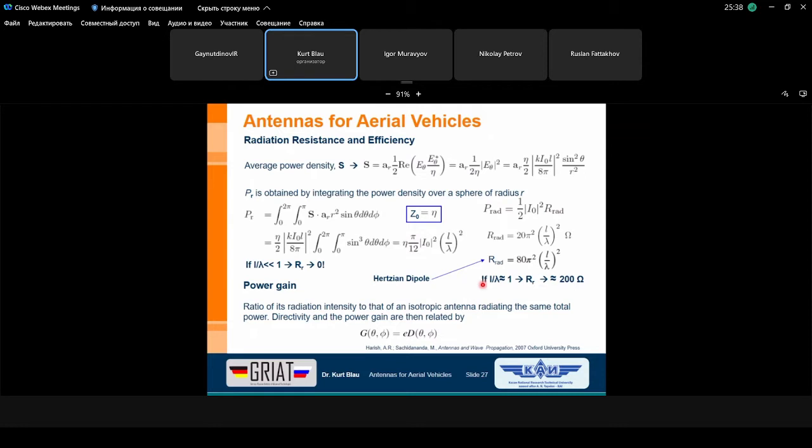It means it has a length of lambda, then the quotient is 1, but it's clear this value is only coming from the formula, and the value itself is not correct, because this discussion assumed that the current distribution along this Hertzian dipole is constant, and this is never given in case of a wavelength long wire. Okay, this we will see later.